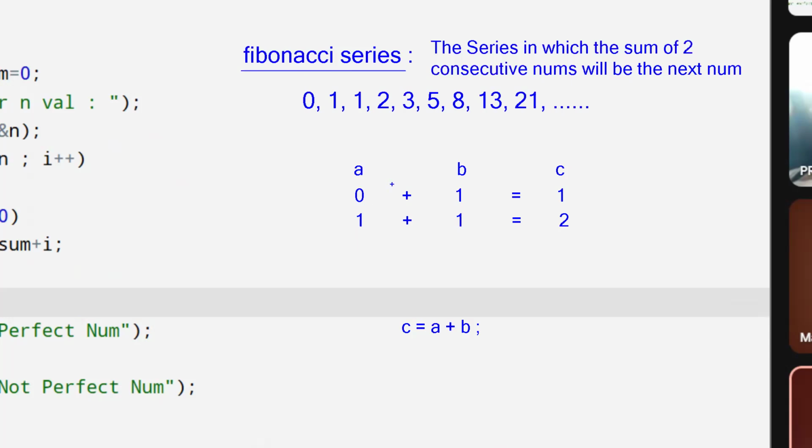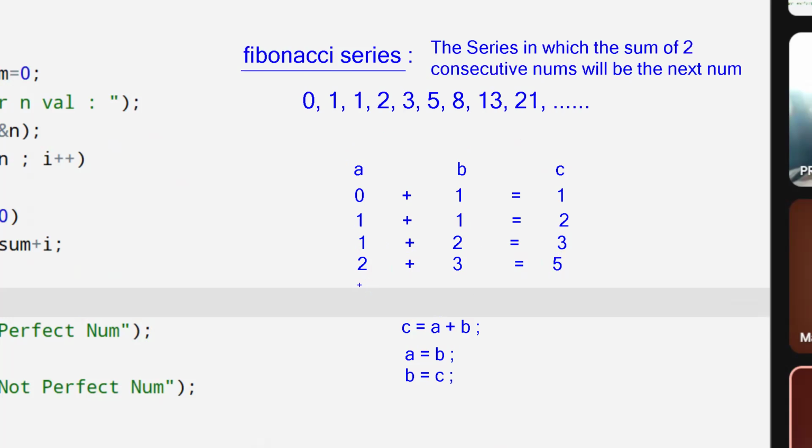So nothing but the B value should come to A, and the C value should come to B. Into A the B value, into B the C value. So next, 1 will come, next 2 will come, 1 plus 2 equals 3. Next 2 will come here and 3 will come here, 2 plus 3 is 5.